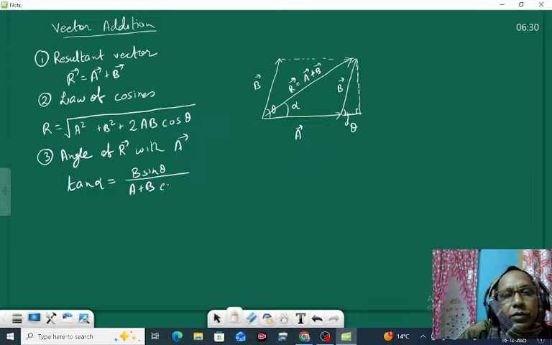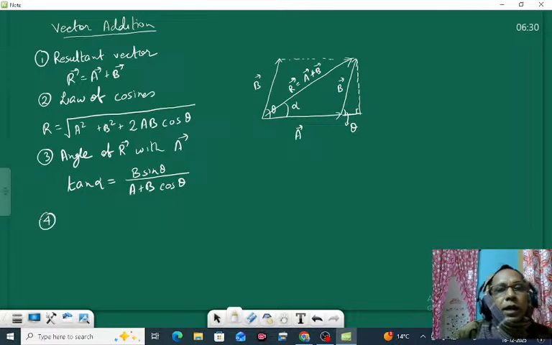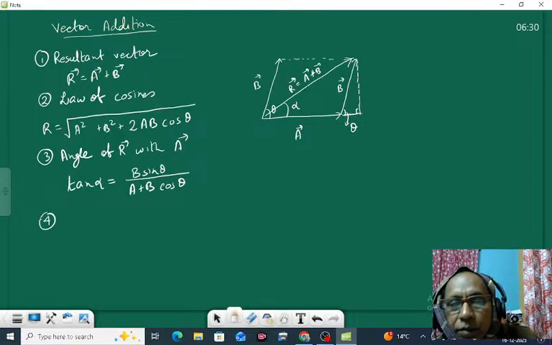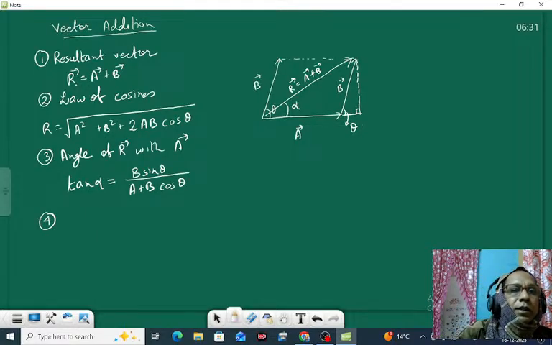If you remember these 3-4 formulas, you can understand all the basic things about vectors. So the resultant vector R equals a vector plus b vector, and by the law of cosines R is root over a square plus b square plus 2ab cos theta, and the angle of R with a is tan alpha equal to b sin theta divided by a plus b cos theta, right?